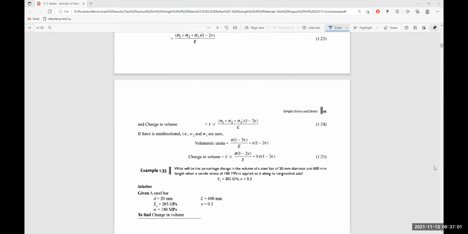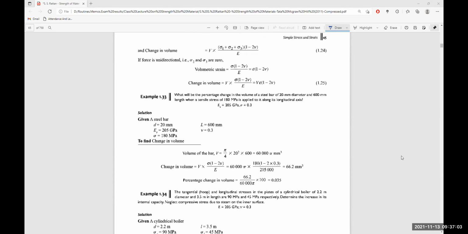Now, we have gone through one problem here, which we discussed in the last class. What is given in this problem is a steel bar, and we ask what is the percentage change in the volume of the steel bar, whose dimension is 20 millimeter diameter and 600 millimeter length, when a tensile stress of 180 MPa is applied along its longitudinal axis.